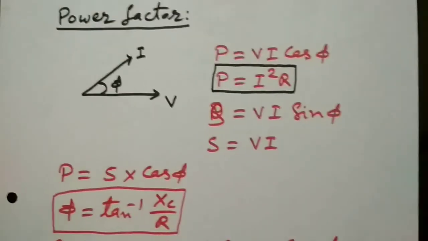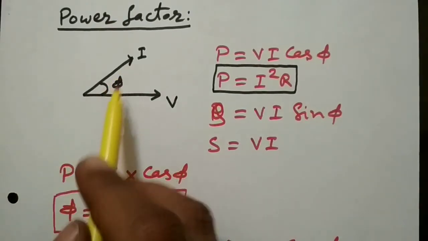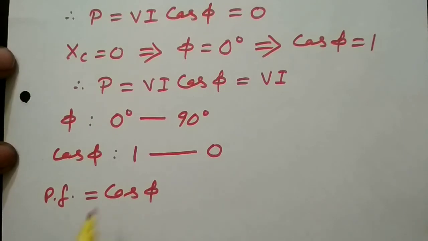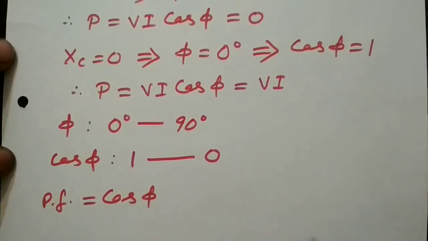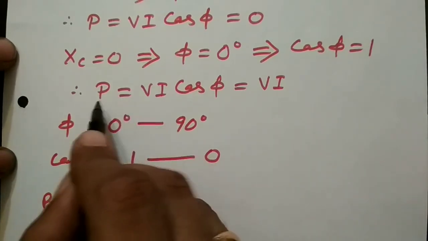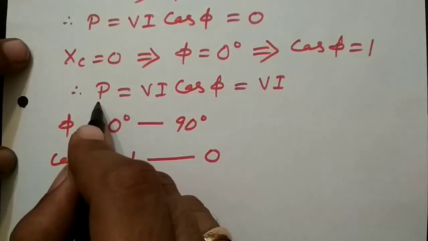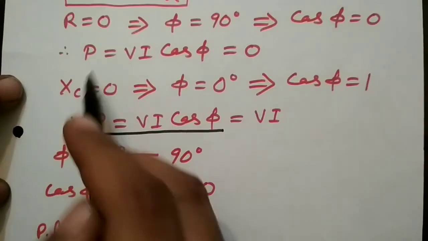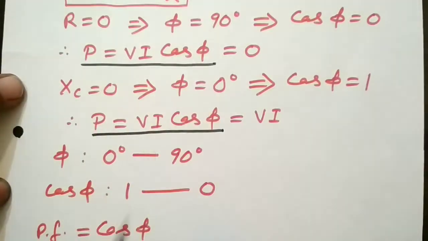Here we have seen that the angle between voltage and current is phi. So its cos value will be considered as the power factor, cos phi. Because in the case of active power, we have to mention the cos phi value. It is VI cos phi.